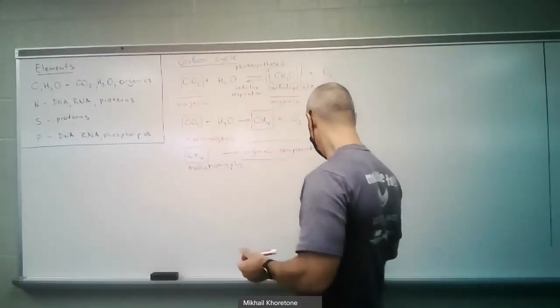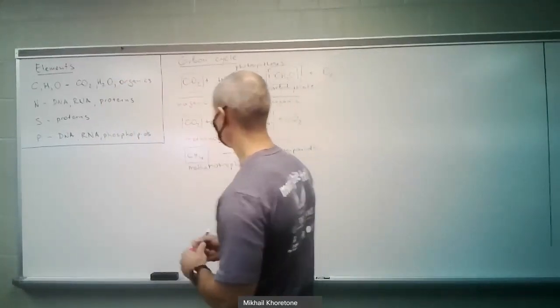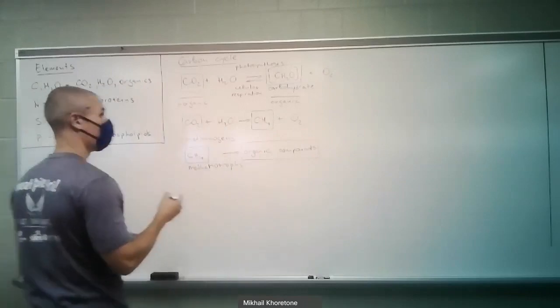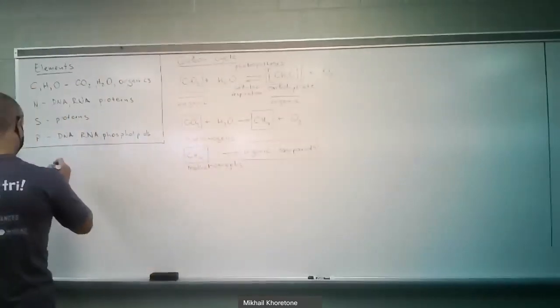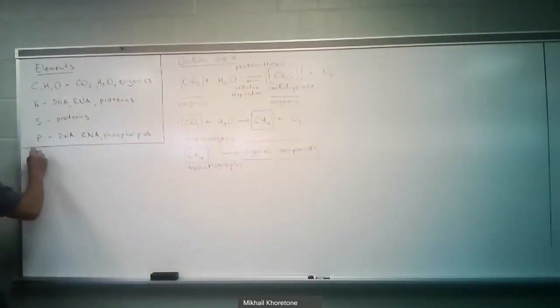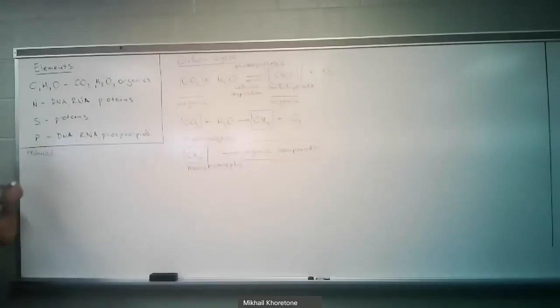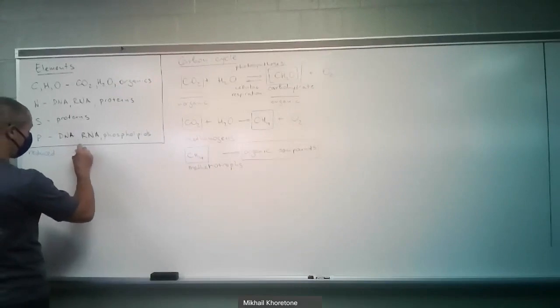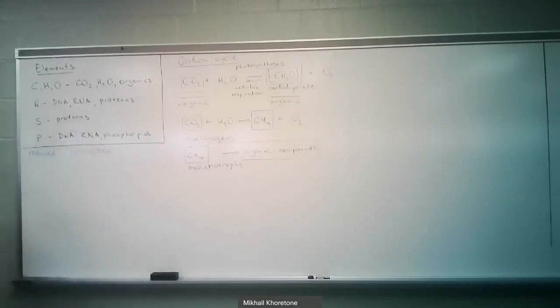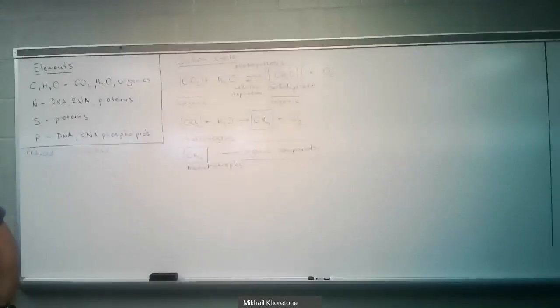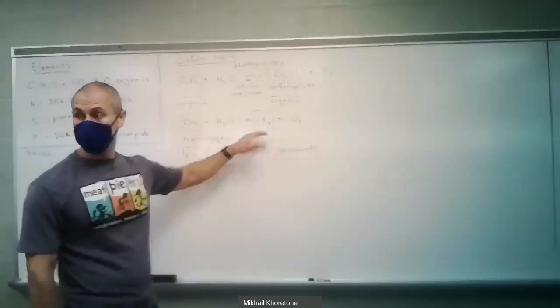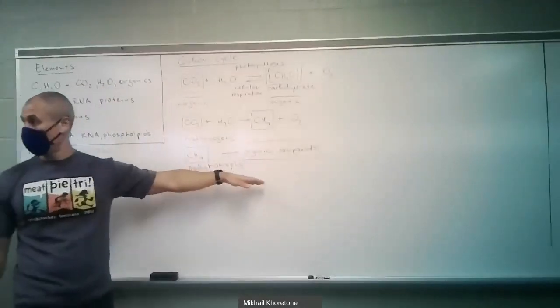I'm going to put a little note here that this is reduced. And this color will mark oxidized. So you can see that, in fact, the cycling occurs between the oxidized and reduced form, reduced and oxidized form.